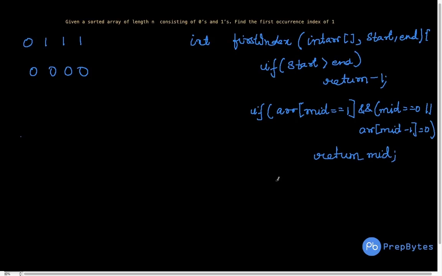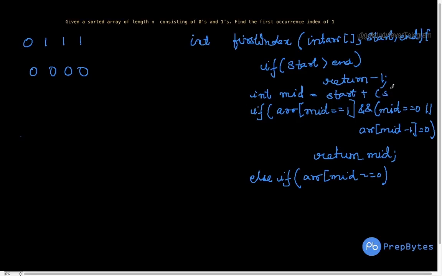Another situation is else if arr of mid is equal to 0. We haven't calculated the mid, I'm so sorry. So we'll have our mid: int mid is equal to start plus (end minus start) by 2.